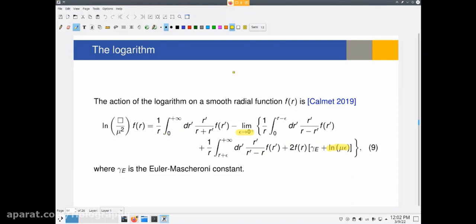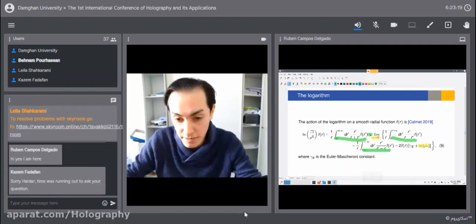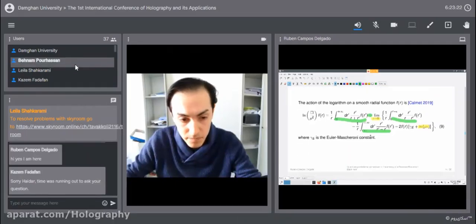But the idea is that also these integrals here, they will contain logarithm of mu epsilon. So when we take the difference, all the infinite contributions cancel out. So at the end, this gives a finite result. So everything is finite at the end.